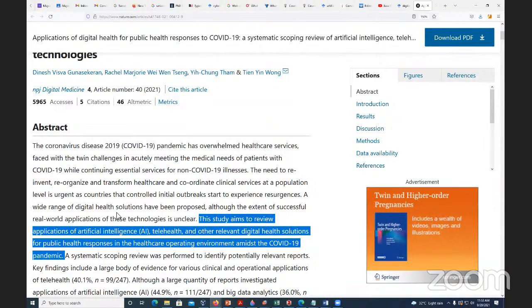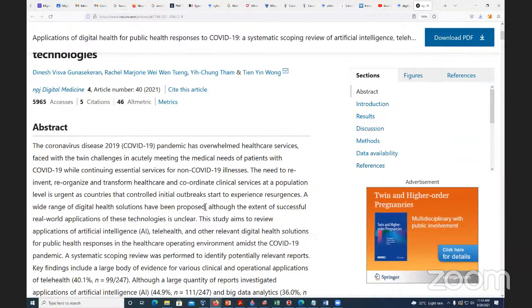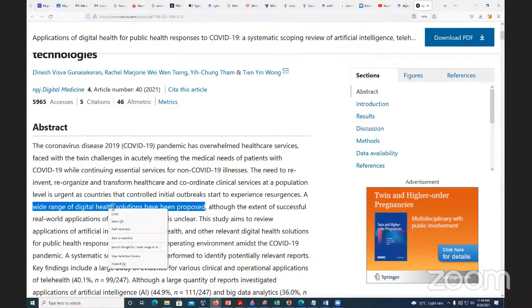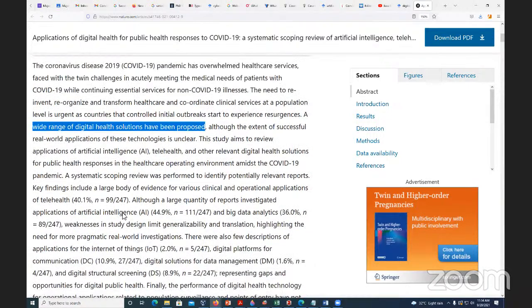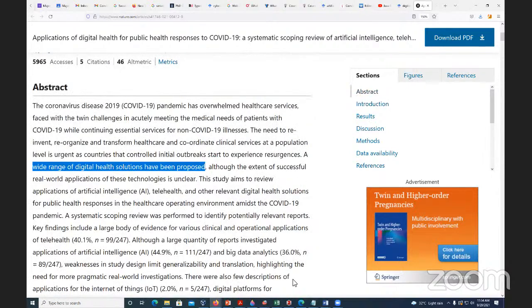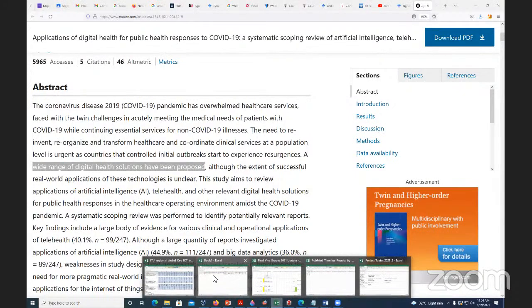Actually, it's overwhelming. And then they say that there's been a wide range of digital health solutions being proposed. Here's my short version, because this is not really about one particular place. It's a global thing. A context just means the place or the setting. Here's my quick summary of what I understand from just glancing quickly at the abstract.